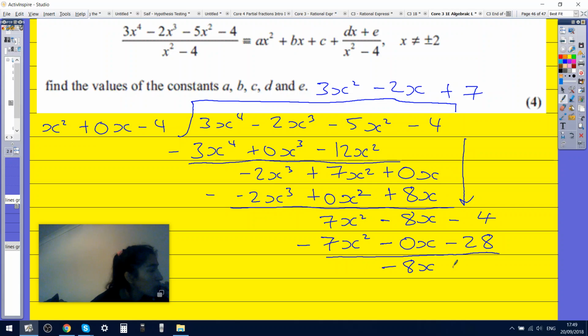And in terms of A, B, C, D, and E? A equals 3, B equals minus 2, C equals 7, D equals minus 8, and E equals 24.